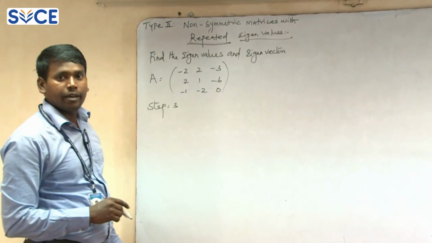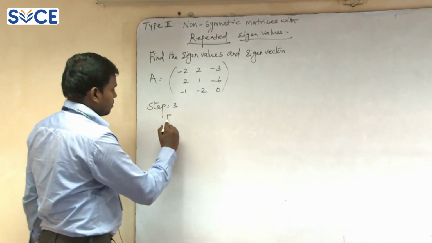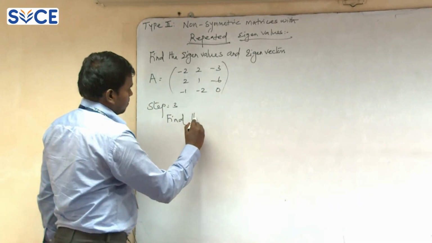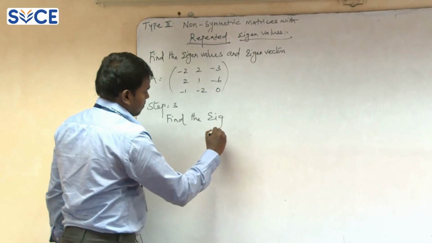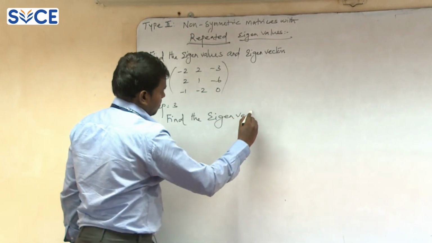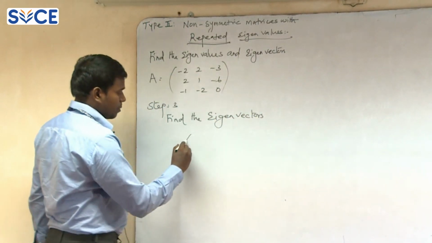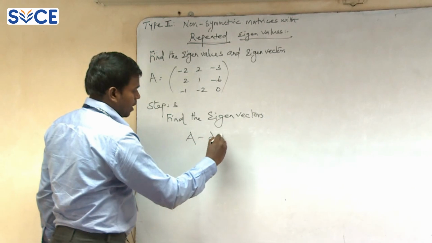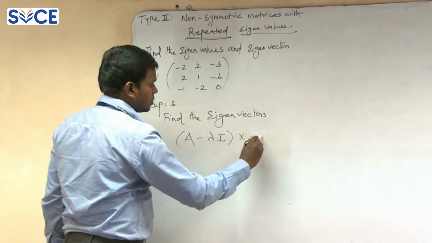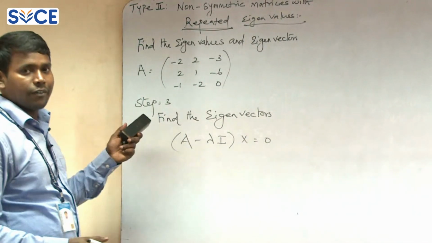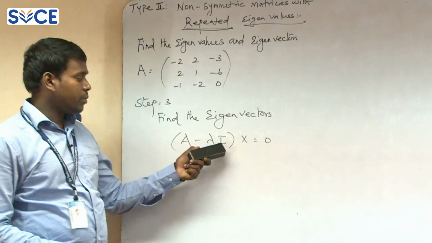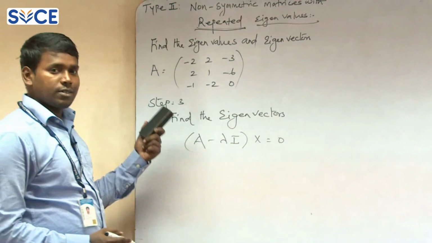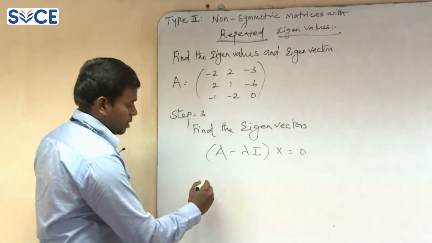Step 3, find the eigenvectors, using the formula (A minus lambda I) into x equal to 0. Already we know that A is the given matrix, lambda is the eigenvalue, I is the unit matrix, and x is the variables.